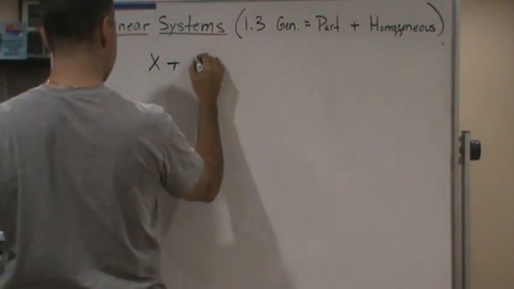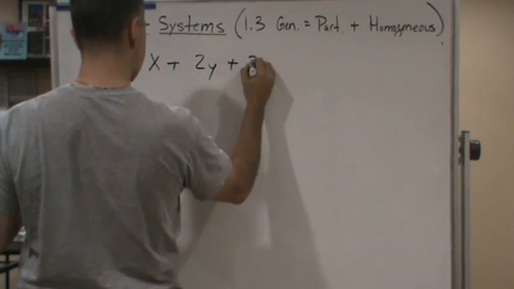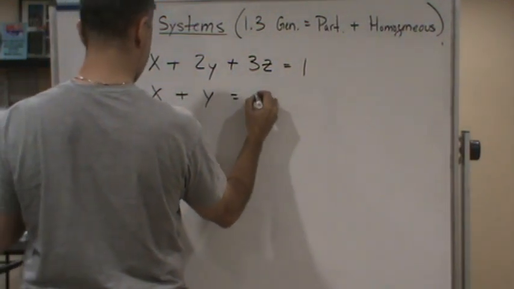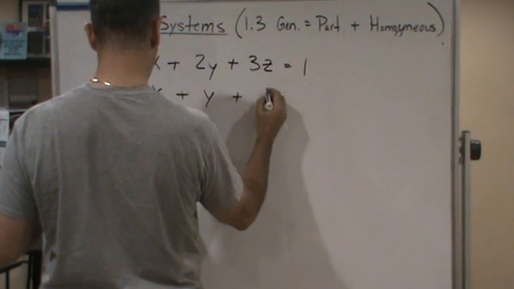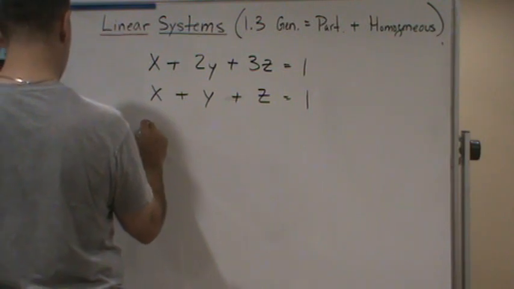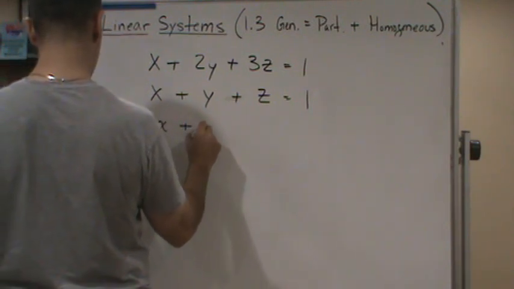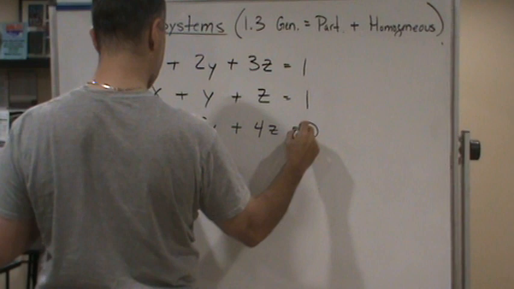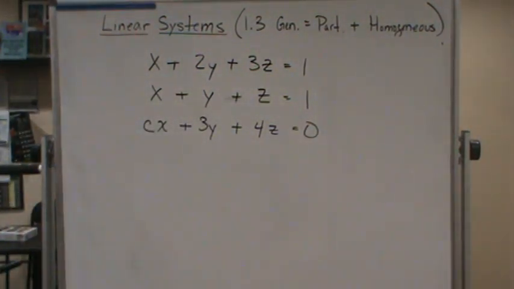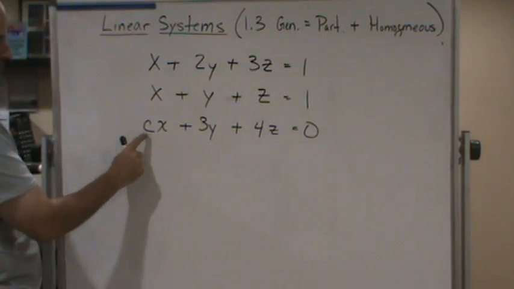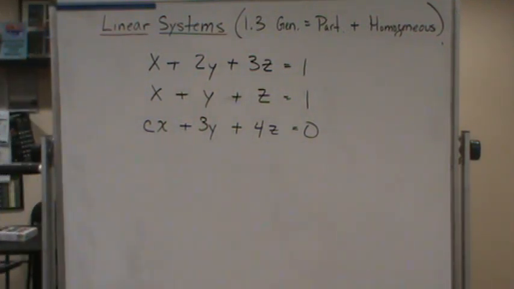In this system of equations, the coefficient c is an unknown constant, so we can make it anything we want.